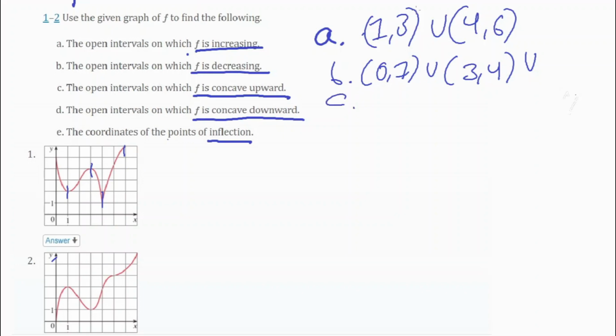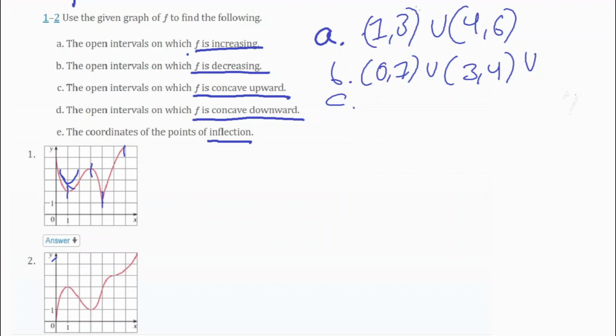So let's go to C. C asks for the open intervals on which f is concave up. As we talked about, concave up on a graph essentially means it's facing up-ish. We can see it's concave up right here, and it's not concave up right here, as you can see there is a sharp corner here.